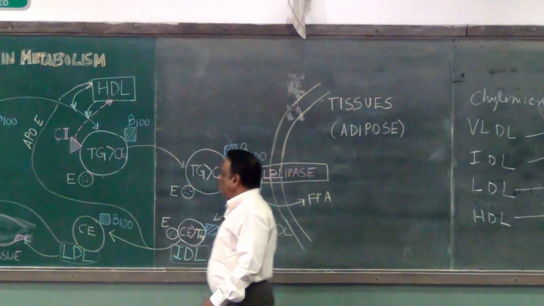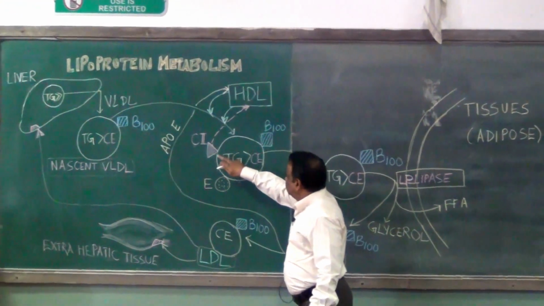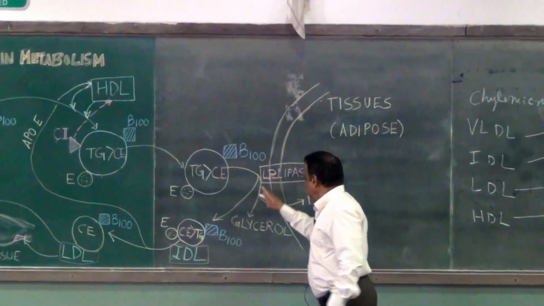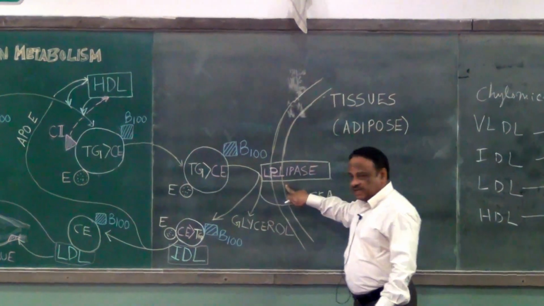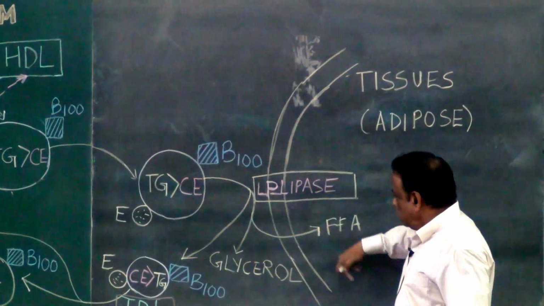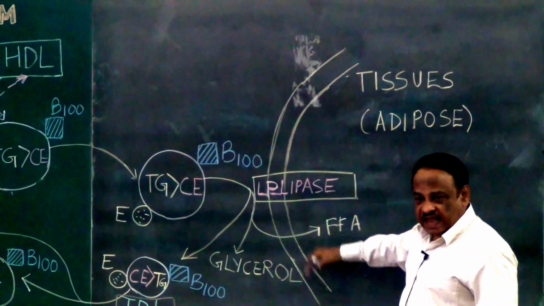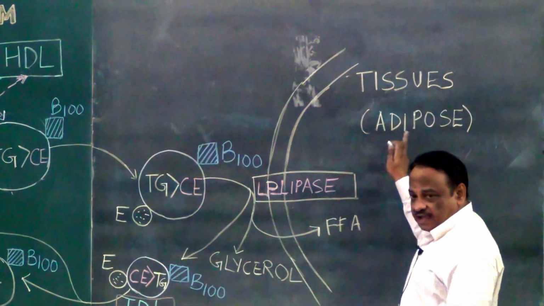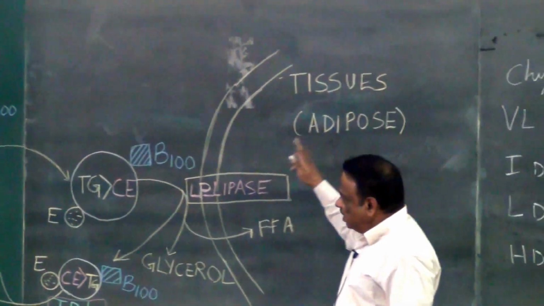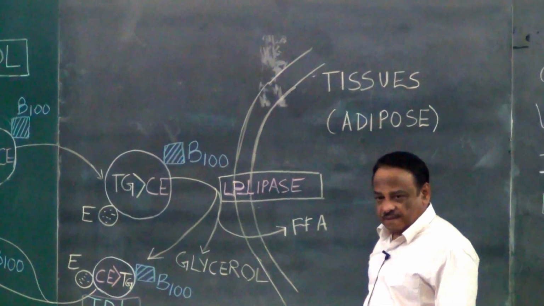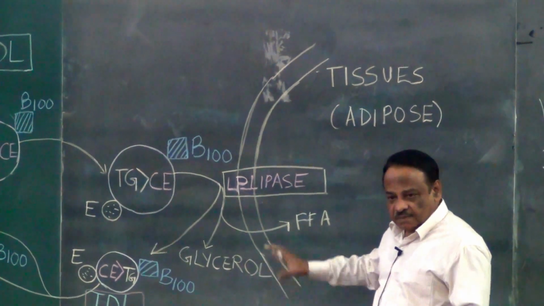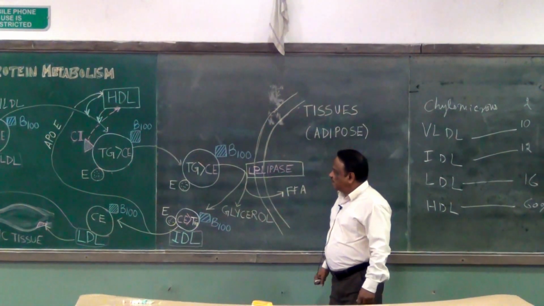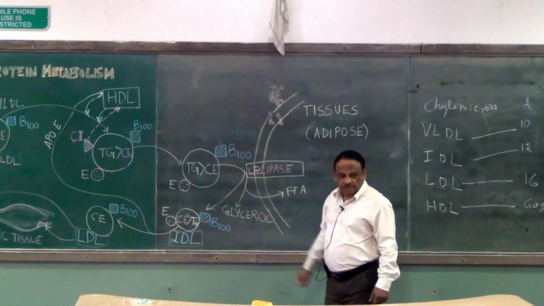Okay, now C2 is required for the activation of lipoprotein lipase. This lipoprotein lipase is anchored in the capillary walls of various tissues like, for example, adipose tissue. The VLDL passes through the blood to the various tissues, and then the ApoC2 returns back.